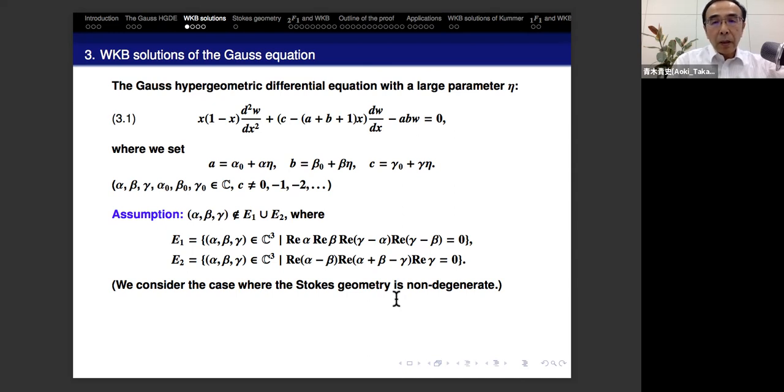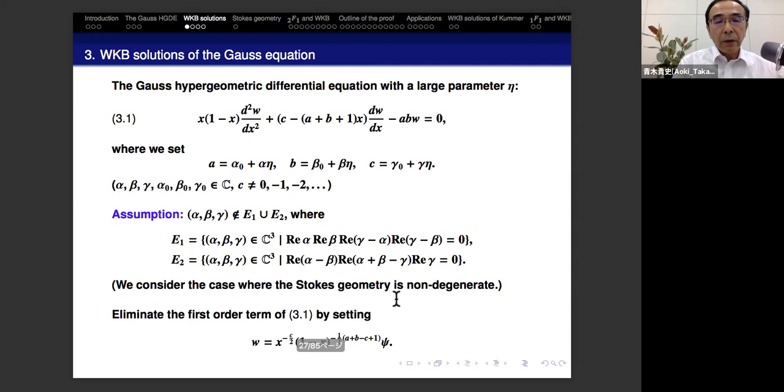To apply the standard theory of the exact WKB analysis, we eliminate the first order term of the hypergeometric differential equation by setting this gauge transform, that is, w equals some power function times psi.